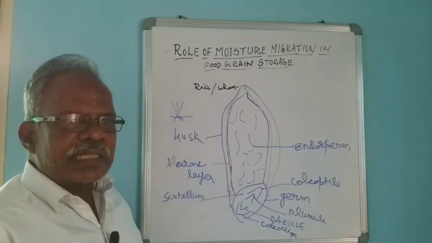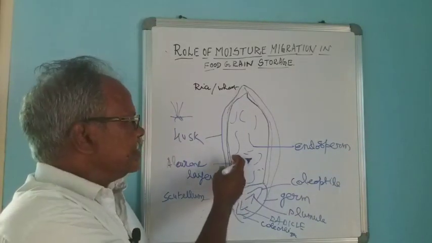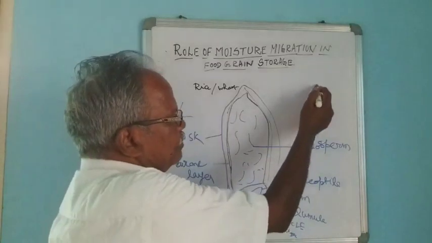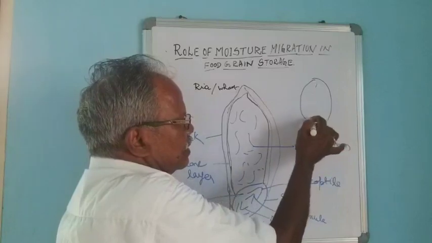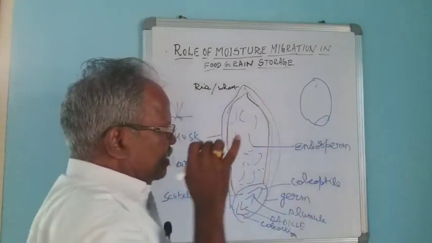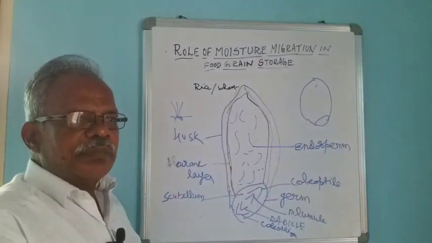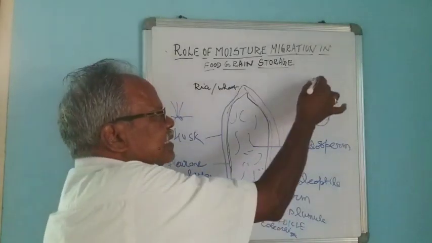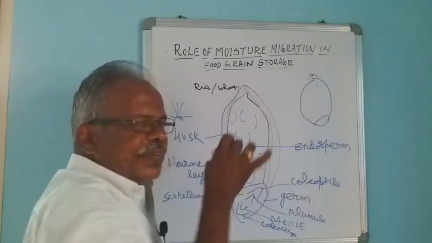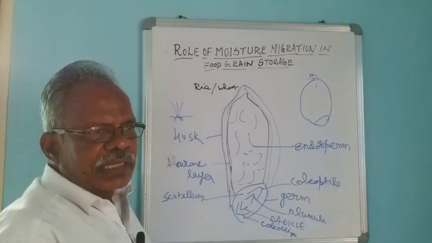To understand this, we have taken up the grain structure. The wheat is also the same. The germ portion is the same. The outer covering is there, and here a tuft is present. That is the difference between wheat and rice.